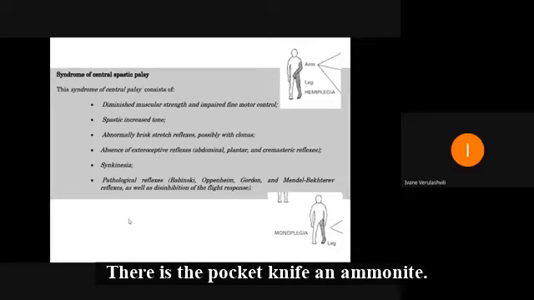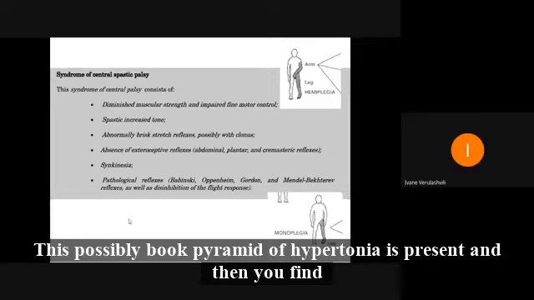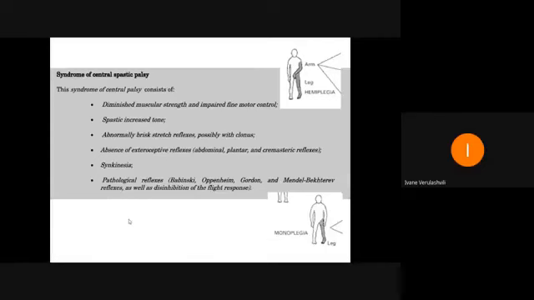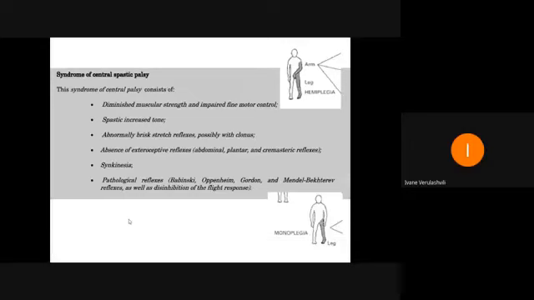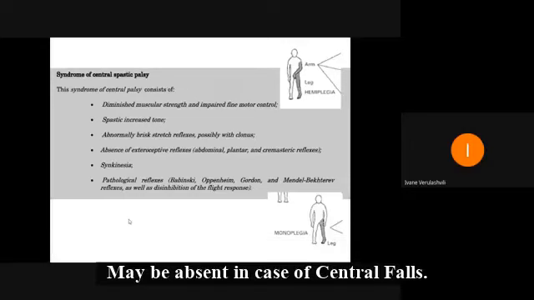There is the pocket knife phenomenon, pyramidal hypertonia is present in this palsy limb. And then you find the presence of synkinesia, which is also a symptom which may be present or may be absent in case of central palsy.